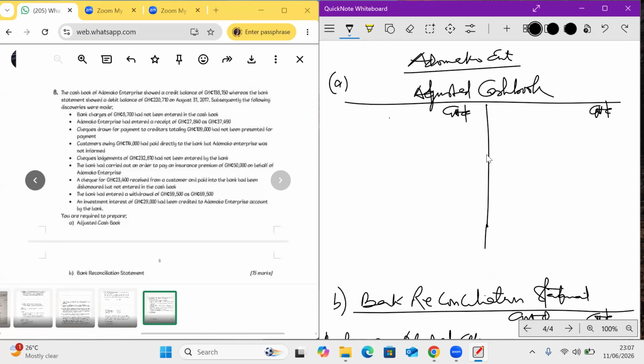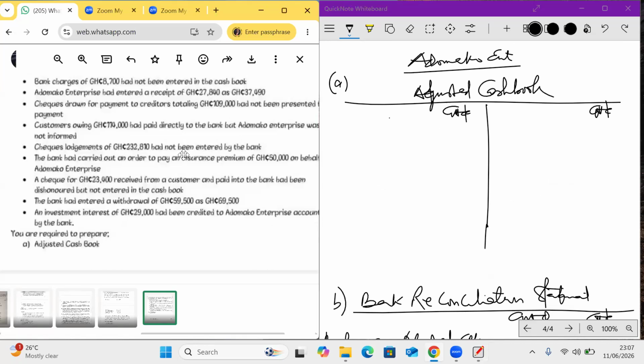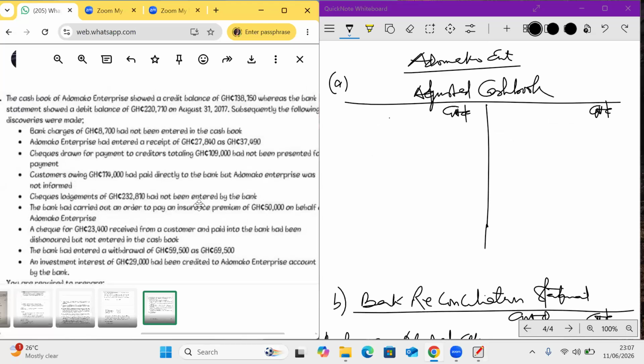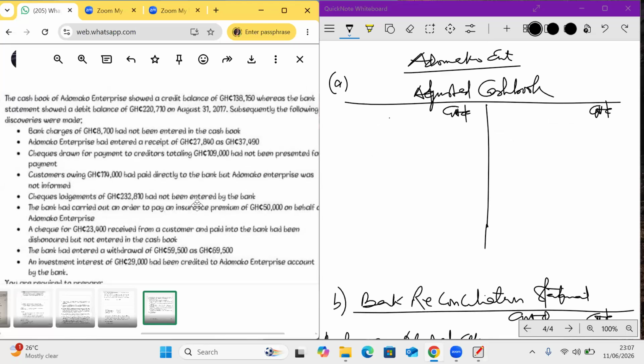Can you read? I can't see you. Bank charges. The cash book of Adomanko Enterprise showed a credit balance of 138,750, whereas the bank statement showed a debit balance of 220,770 on August 31st, 2017.